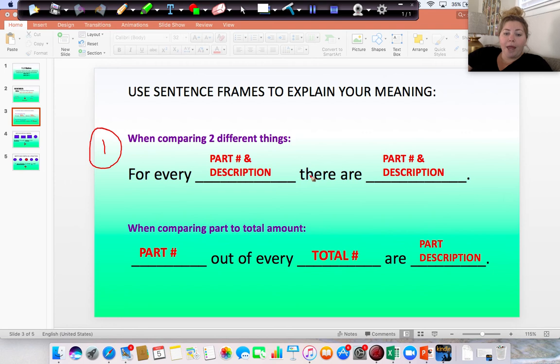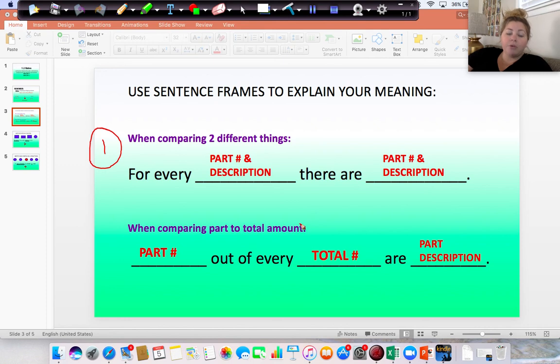For every blank, there are blank. And what goes in the blanks are the part, each number that you've got, and the description of that part. So for basketballs, that's the part number 4, and the description is basketballs. There are blank. You also need a part number and a description here. So for every 4 basketballs, there are 6 footballs.